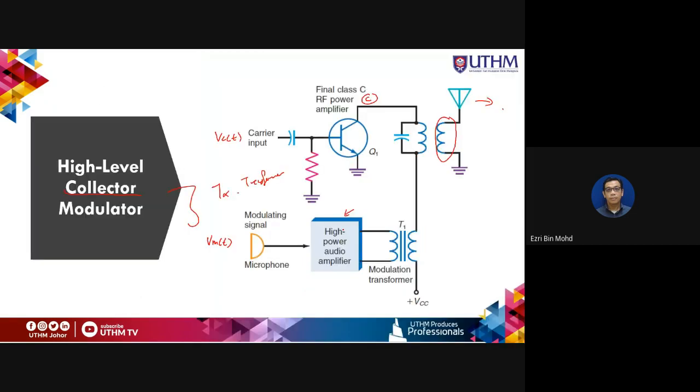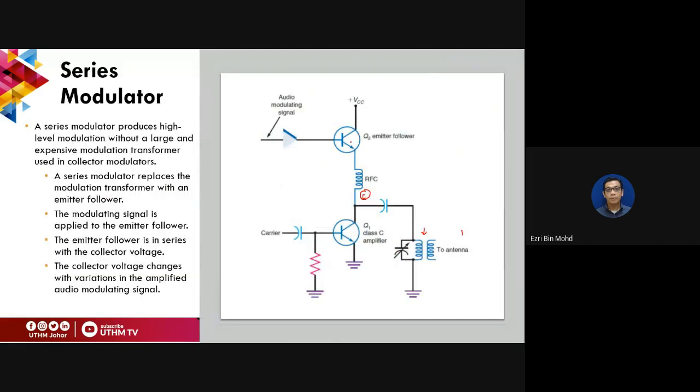So earlier we saw it using a transformer, right? The transformer there is replaced with a series modulator, which is a transistor, an emitter follower. The modulating signal is applied to the emitter follower. The emitter follower is in series with the collector voltage.